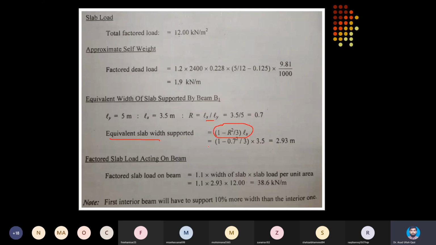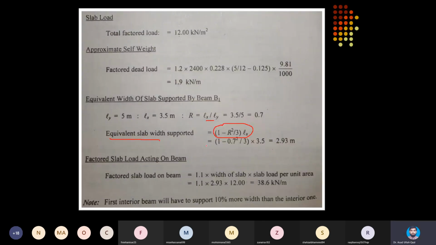And I mentioned in that lecture that there is a common mistake: students think that since the span is longer, the length which needs to be multiplied with this (1 minus R square) over 3 will be Ly.